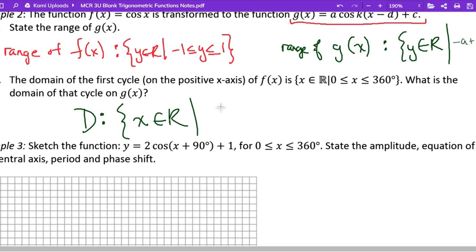Now, when we are finding the domain, we start off with the original value. So if the parent function starts off with 0, we are going to use mapping notation to figure out what we get.